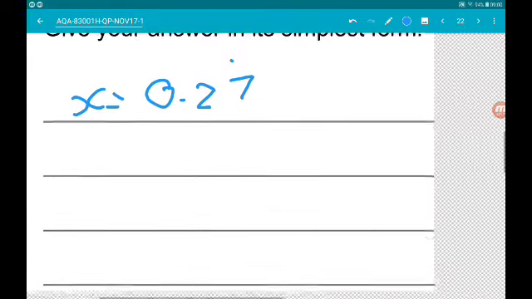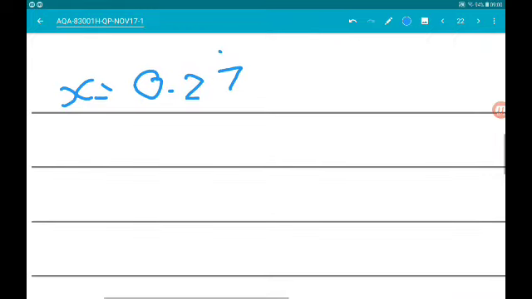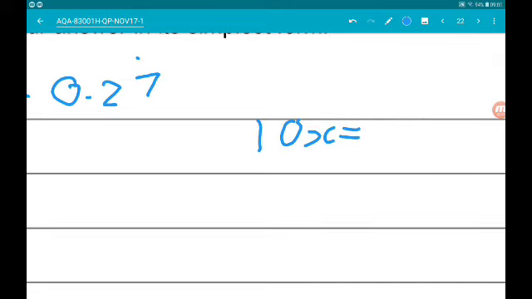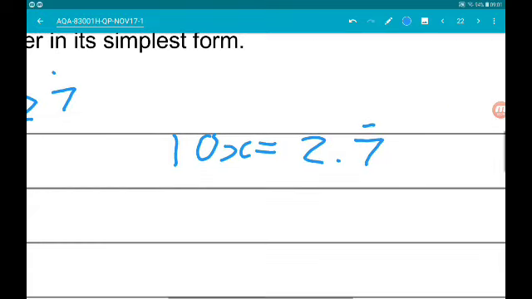So what we're going to do is multiply both sides by 10. So we get 10x is 2.7 recurring. Right, what we need now is another number with exactly the same recurring decimal part. So what we need to do is just move the decimal point one place to the right.